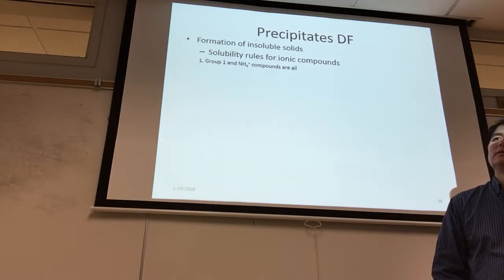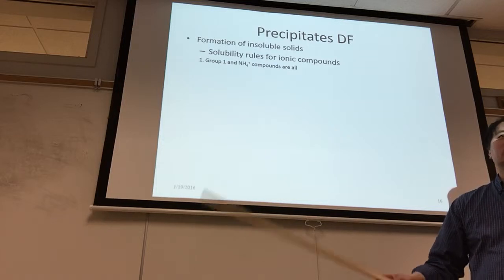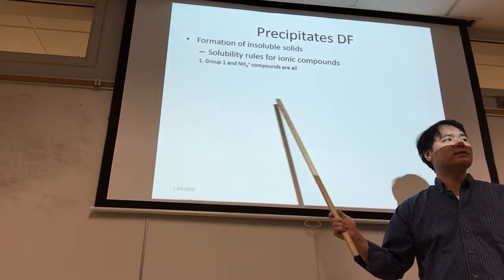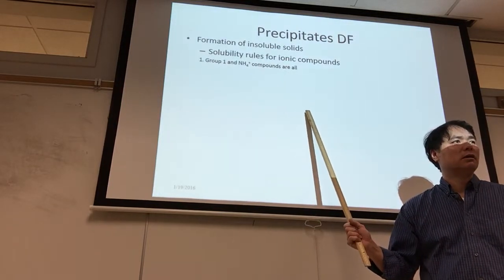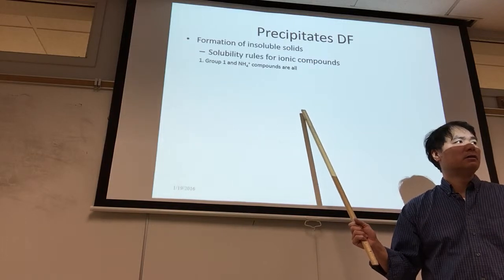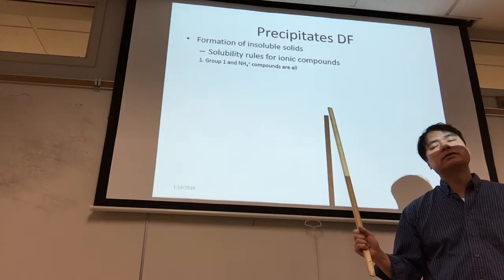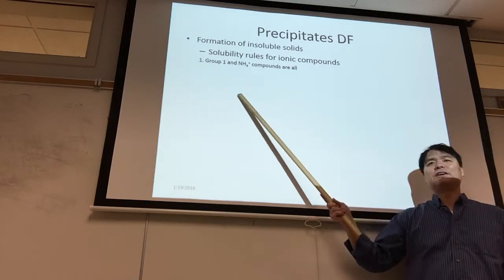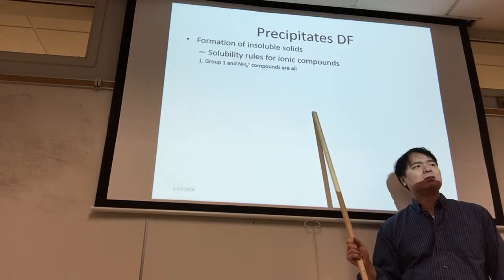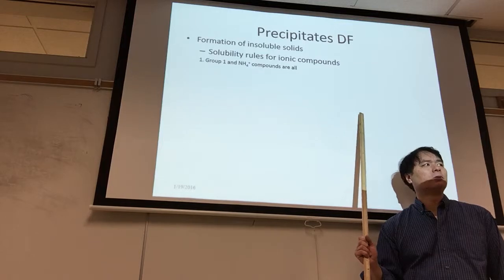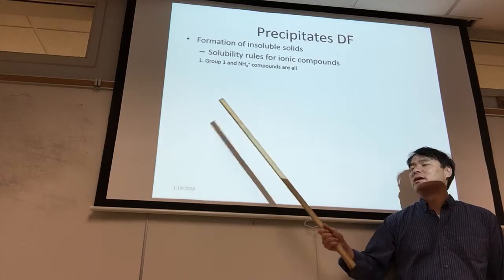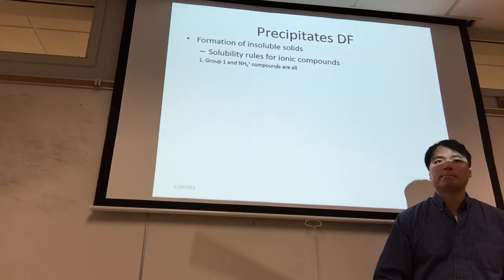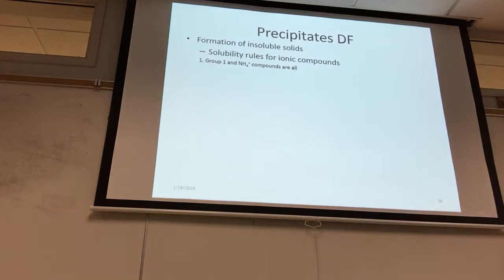Is that right? Yeah, and then we go to chlorides, bromides, and iodides, which are all soluble except for silver, lead, mercury. Sulfates are all soluble except for silver, lead, mercury, calcium, strontium, barium, etc. And so we get that.